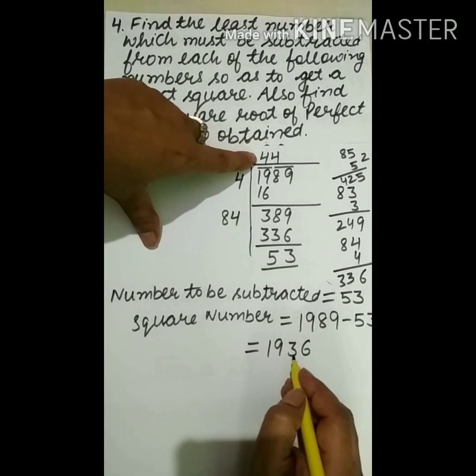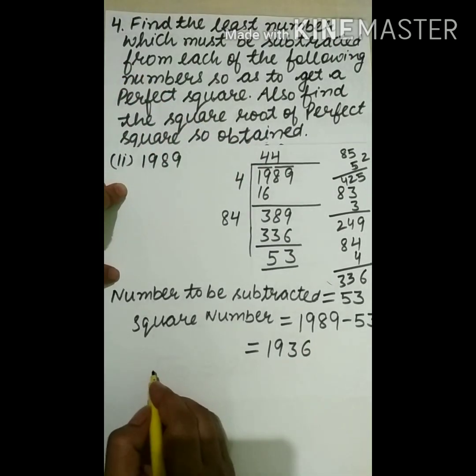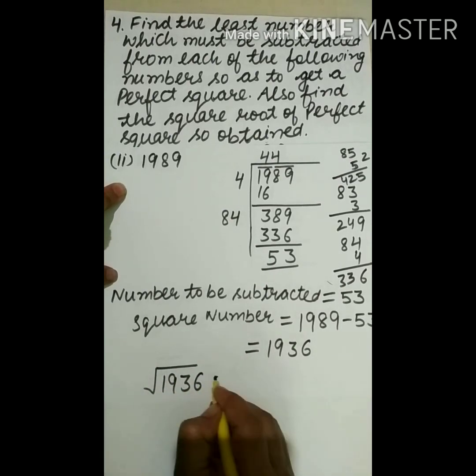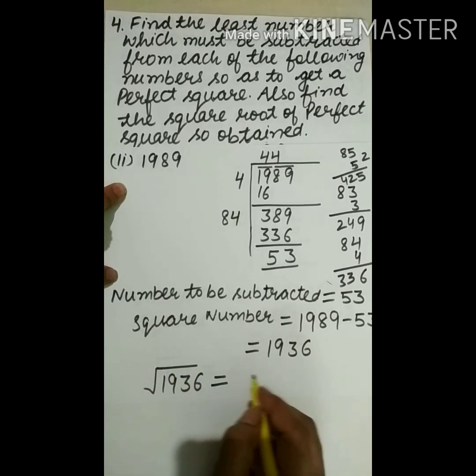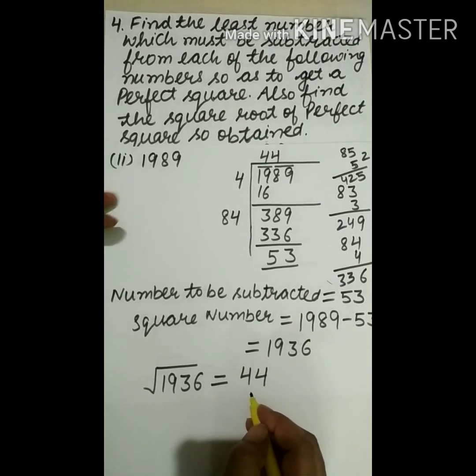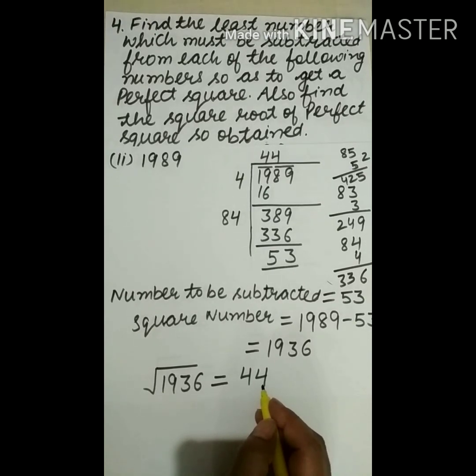So students, ultimately this quotient will be the square root of 1936. So directly I'll write here, the square root of 1936 is equal to 44, which is the required answer. So in this way you can find out the smallest number which must be subtracted from the given number to make that number a perfect square.